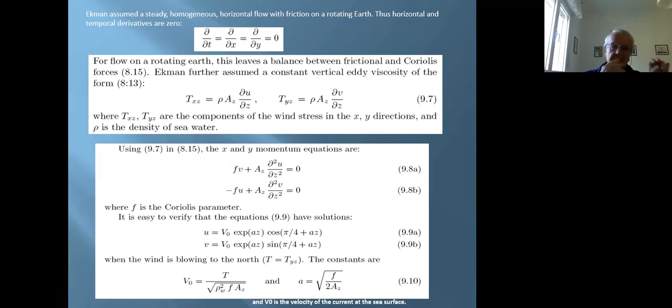On the other hand, in the Ekman layer solution, we have the balance between the Coriolis force and the wind stress and the frictional part. Therefore, both solutions are time independent, steady solutions, and there is no time dependence in them.